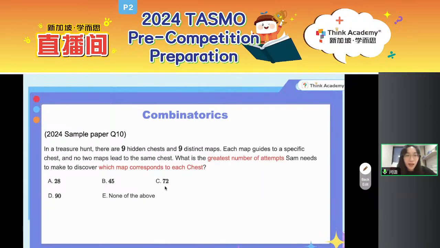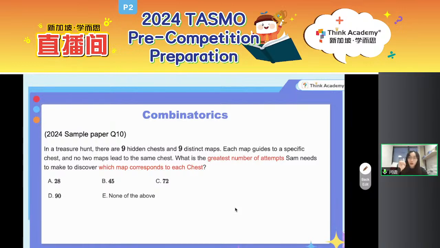Okay? So next one. Also for this question, many students ask me. This is question 10 in the 2024 sample paper. In a treasure hunt, there are 9 hidden chests and 9 distinct maps. Each map guides to a specific chest and no 2 maps lead to the same chest. What is the greatest number of attempts Sam needs to make to discover which map corresponds to each chest?